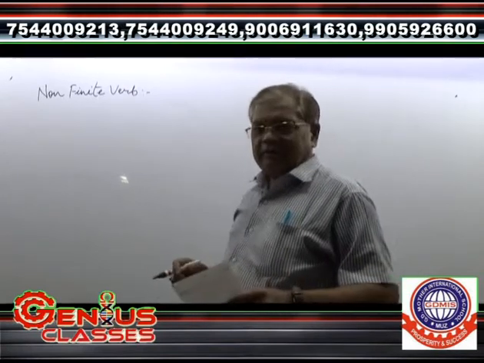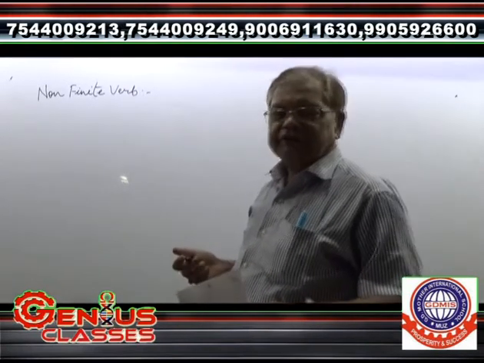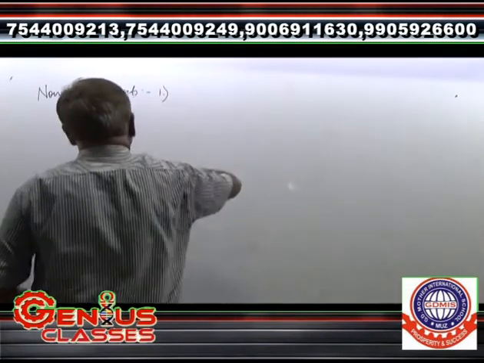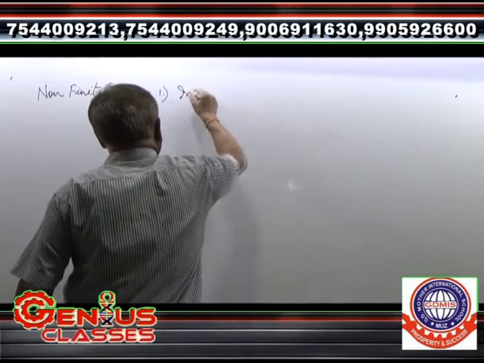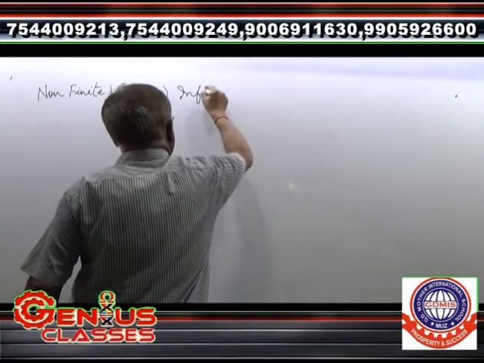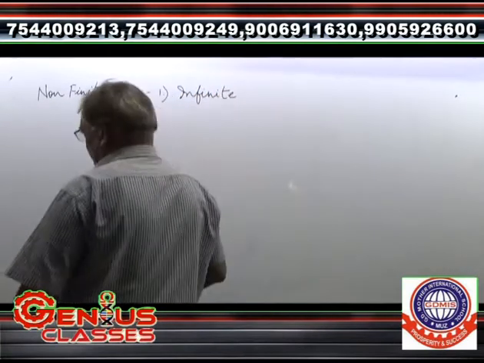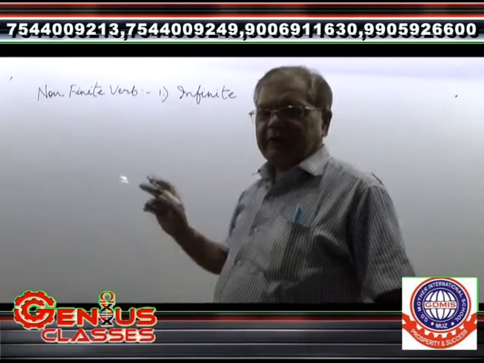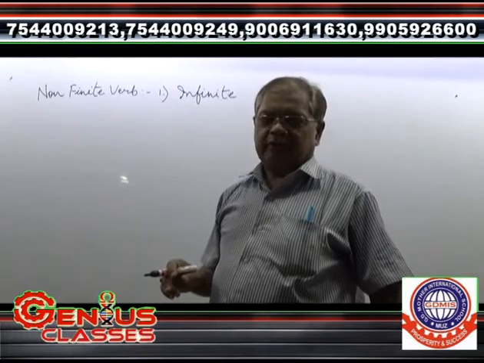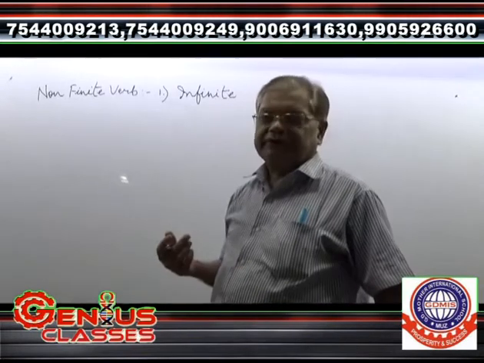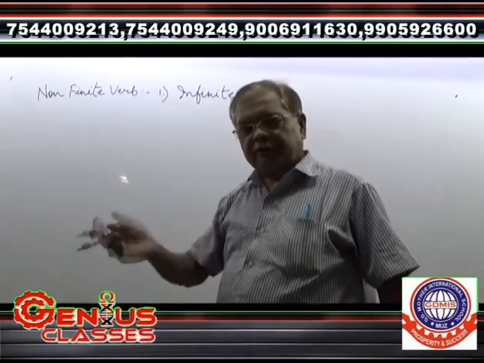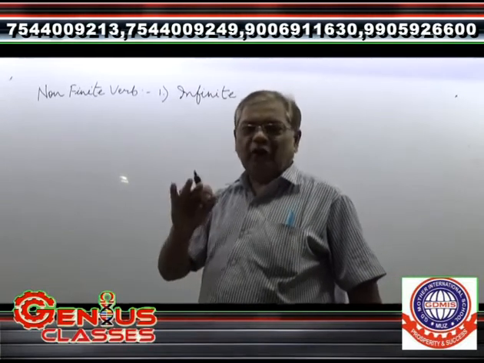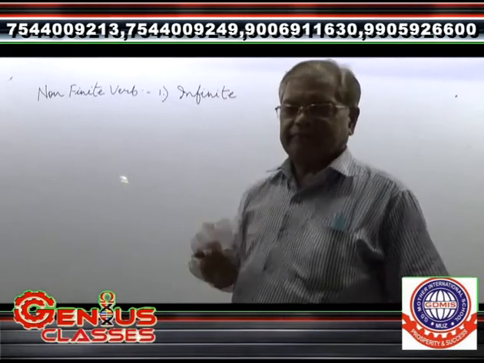There are three kinds of non-finite verbs. Number one is infinitive. Another one, participle. Third one, gerund. So these are the three non-finite verbs.